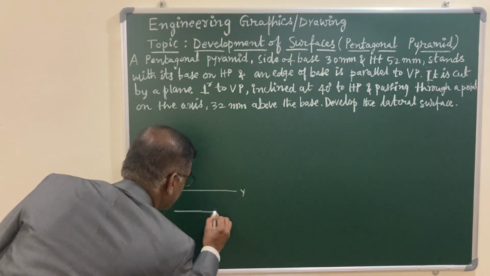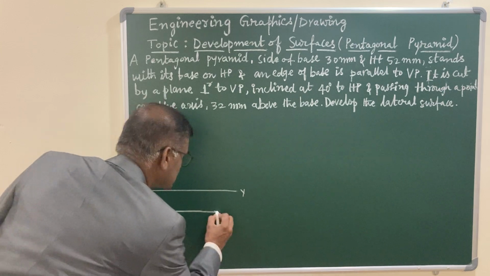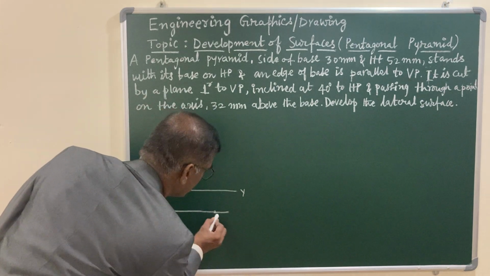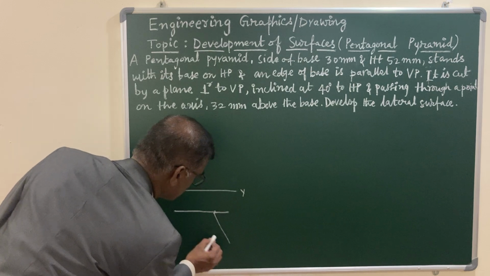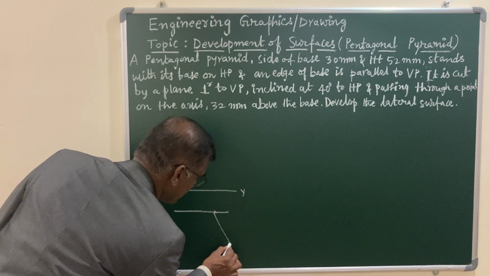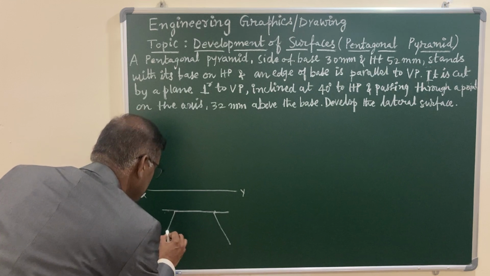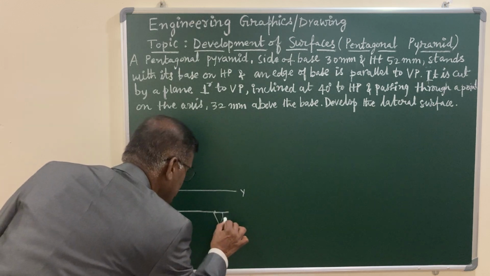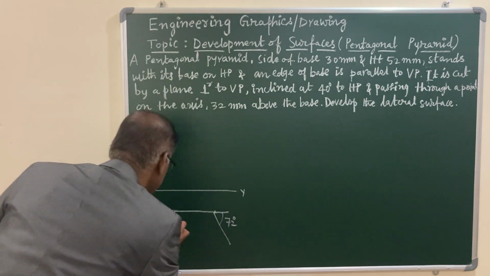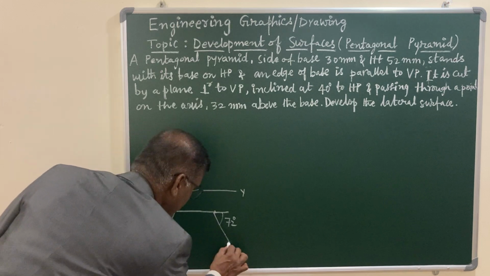So draw an edge of 30 mm. Mark 30 mm on this and extend a little, measure the outer angle 72 degrees and draw a line of length 30 mm. Again here also extend this, measure 72 degrees, and mark the length, that is 30 mm, which is given.